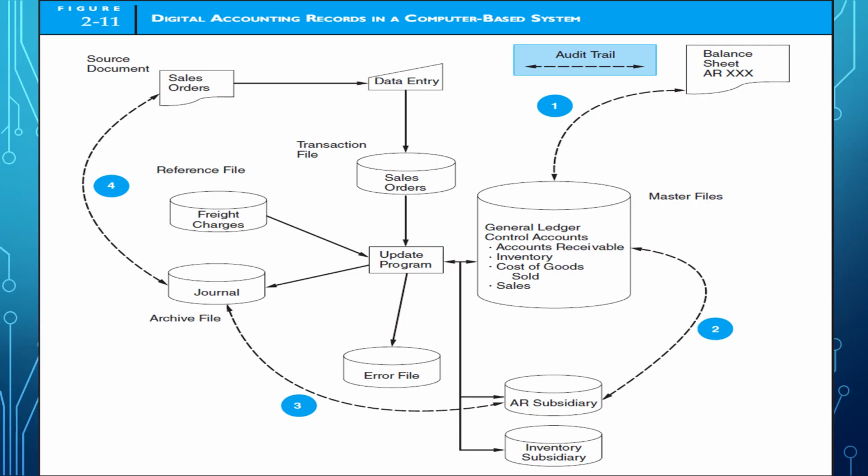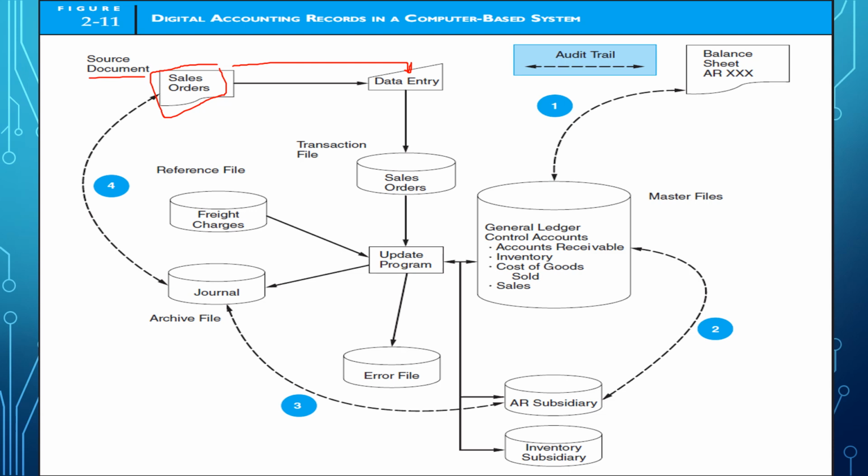Let's look into this figure, which illustrates the digital accounting records in the computer-based system, or digital recording of the transaction. We take the example of a sales transaction. It starts with the manual document of the sales order, and then we process it and automate it into the system through data entry.